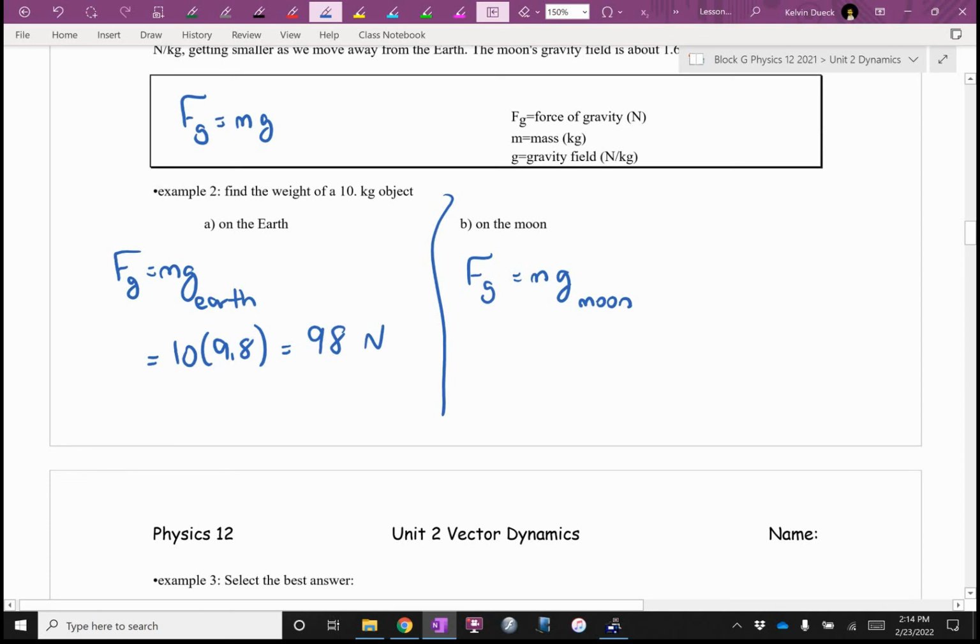What about on the Moon? Okay, it's going to be 10, Zach, not times 9.8, but times what? The gravitational field strength of the Moon, which I think I gave you in the previous paragraph.